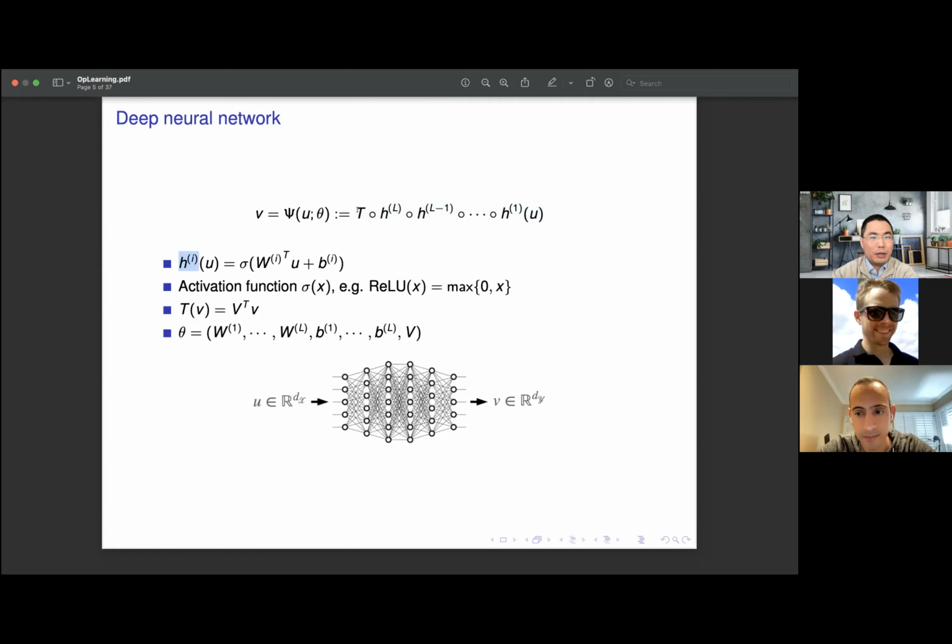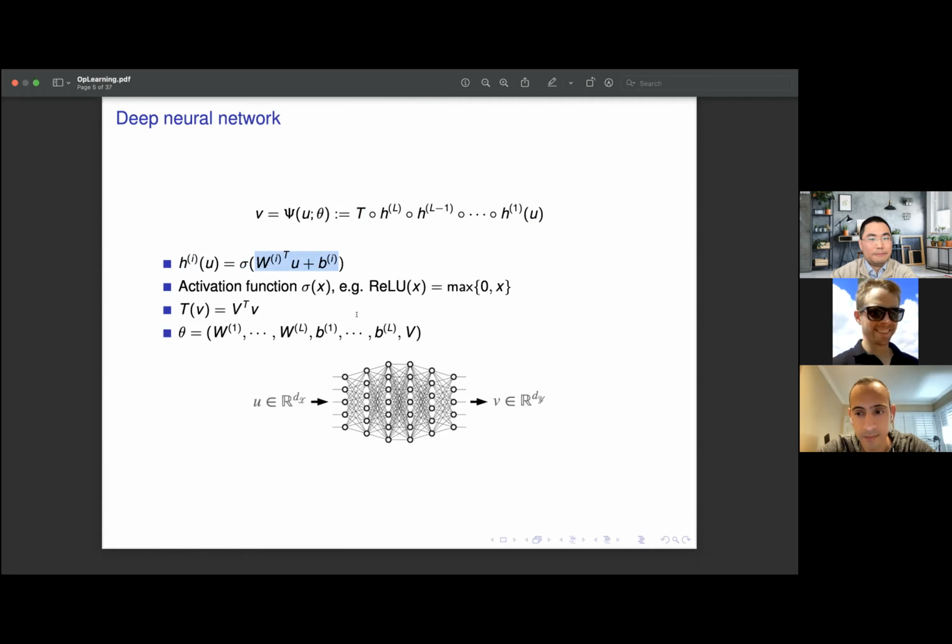And finally, we have a linear transformation T applied to the output of h_L. We build a nonlinear function h_i using the composition of a linear function with coefficients W and some bias vector B, and a nonlinear activation function applied entry-wise to the resulting vector here.